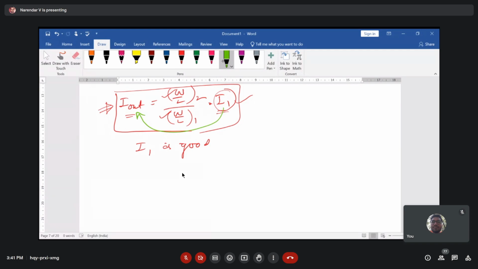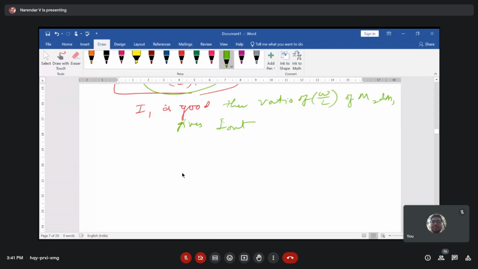Then the ratio of W by L of M2 and M1 gives your I out current, right? So it is independent of the other factors that we are talking about. Now let me rearrange this structure again here. So this is the M2 transistor that we have.